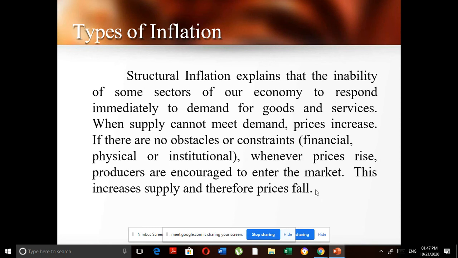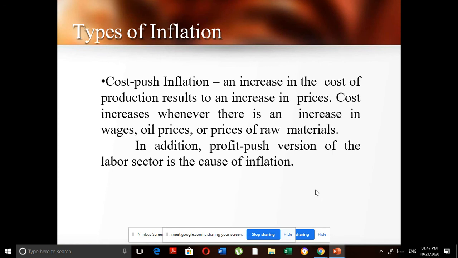And the other one, supply side inflation or cost push inflation: an increase in the cost of production results in an increase in prices. Costs increase when wages, oil prices, or prices of raw materials increase.